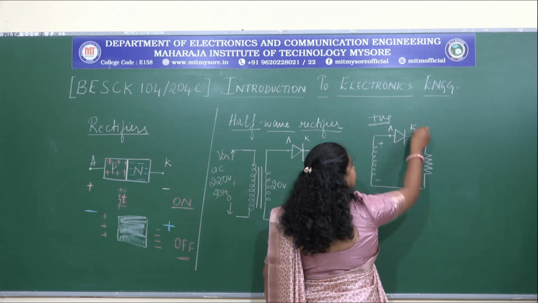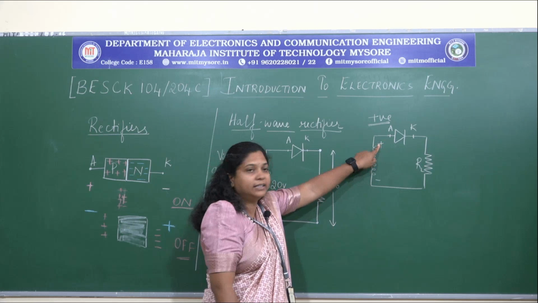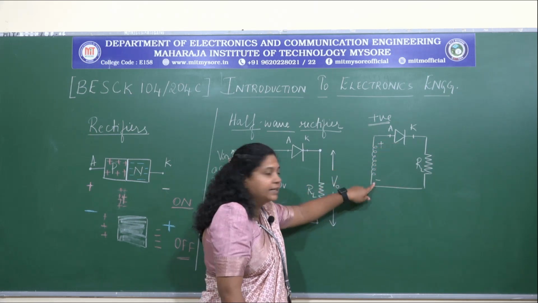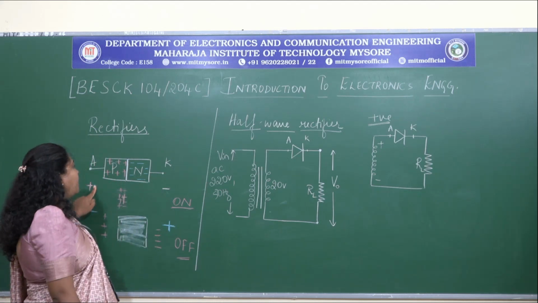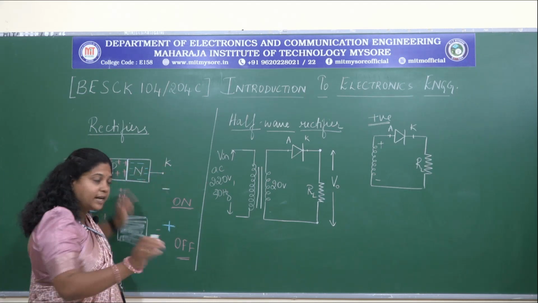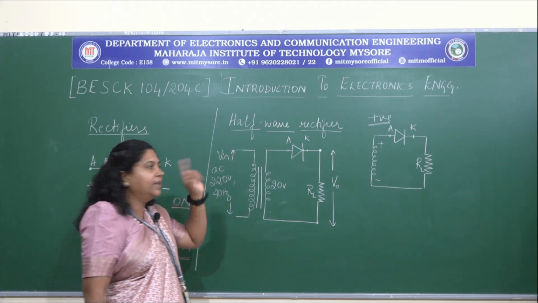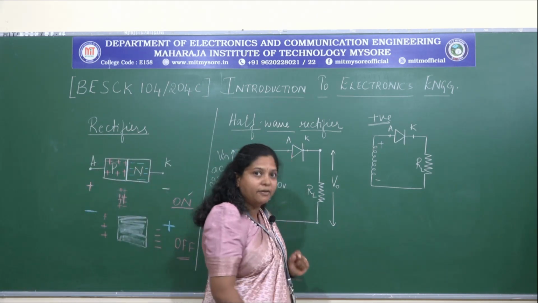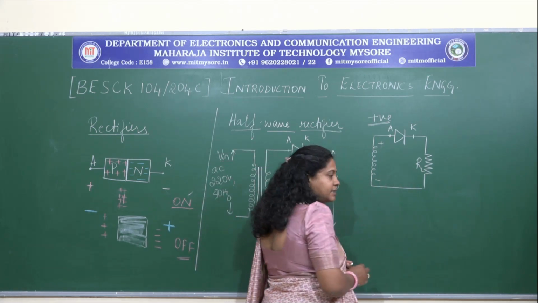Anode is connected to positive and cathode is connected to negative. We already said that if the anode is connected to positive and cathode is connected to negative, the diode will be in its on state. Similarly, here also in the circuit of half wave rectifier, the diode is going to be in its on state.